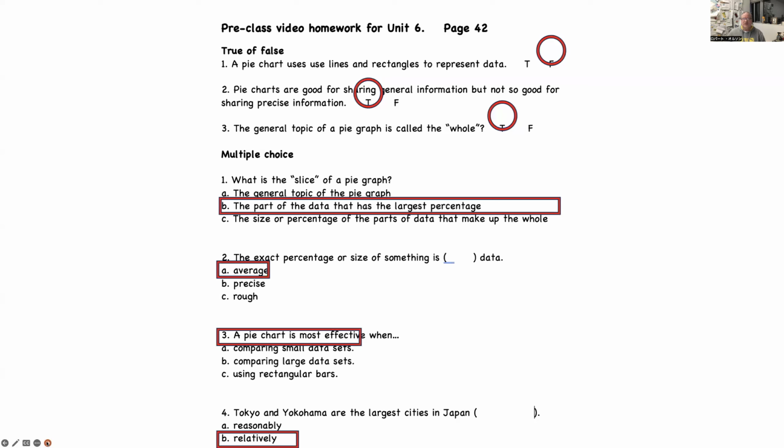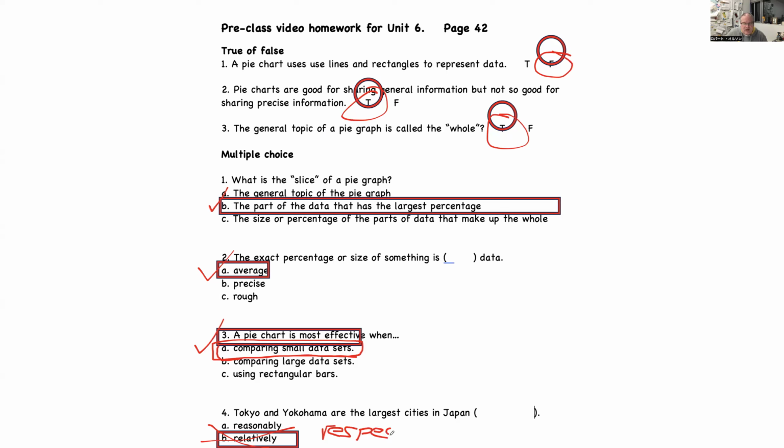Okay, here are your answers. Okay, sorry, this moved a little bit. That's false, true, and false. And then the answer should be B, A, whoops, this should be A, comparing small sets of data, A. And this one should be, this got cut off. I'm sorry. This should be not relatively, this should be respectively. It was a bad copy. I'm sorry about that. Respectively.